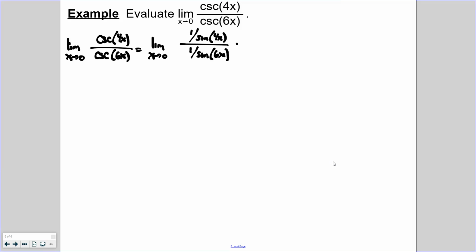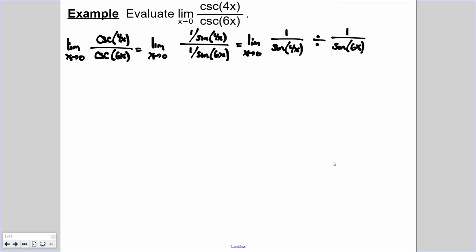So I'm going to do a little bit of sneaky math here that I demonstrated on the last slide. Here we have 1 over sine of 4x divided by 1 over sine of 6x. So I'm going to write it just like that: 1 over sine of 4x, but instead of using the fraction bar, I'm going to use the division symbol and have 1 over sine of 6x.